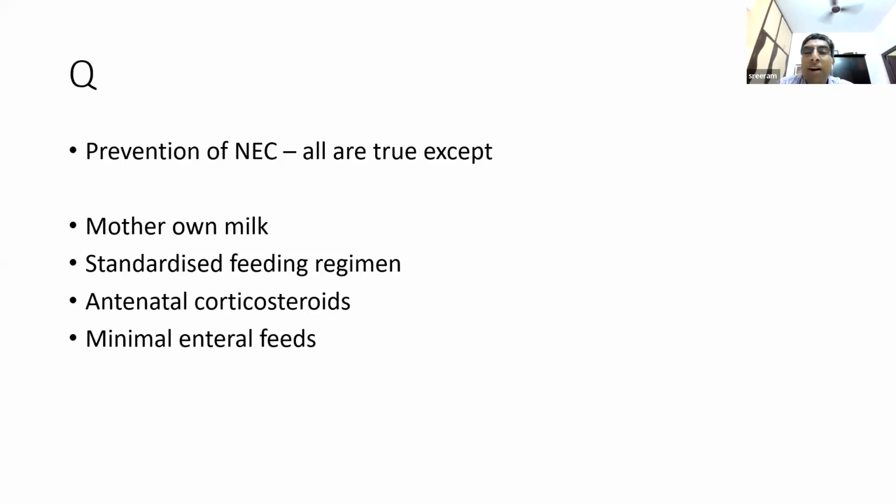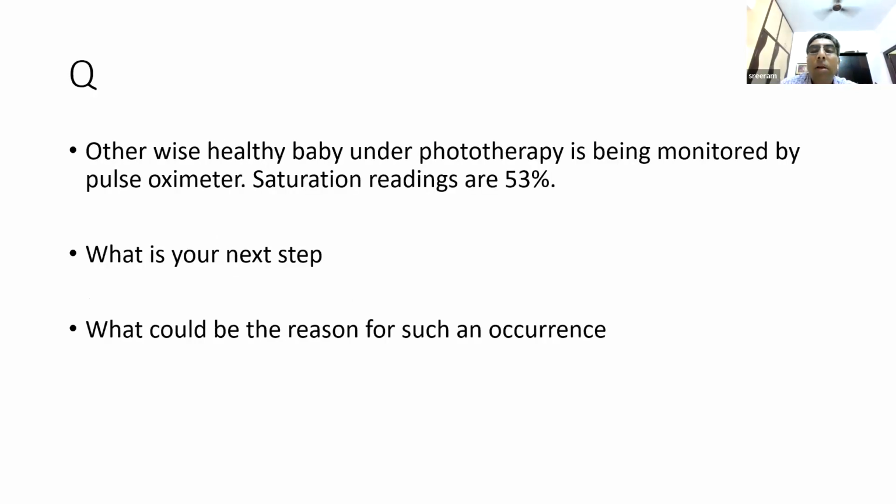Oh, someone started with B and now you have a flurry of B. Standardized feeding regimen is useful in decreasing the incidence of NEC. It is one of the important strategies. Okay? So it is minimal enteral nutrition. MEN does not prevent NEC, nor does it increase the risk of NEC. Okay? Right. Yeah. The last one.